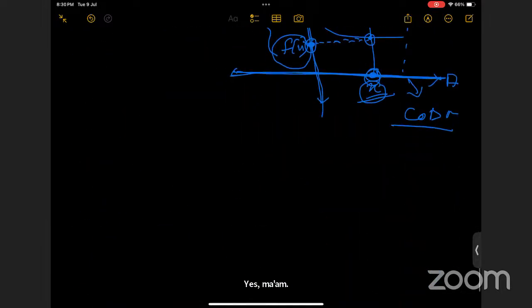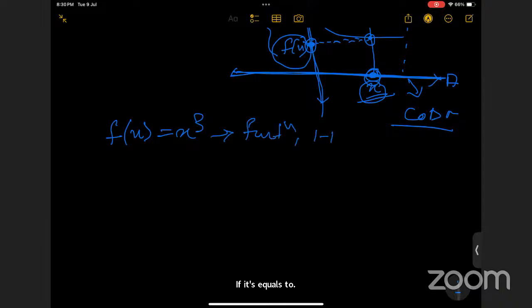So yeah, if we take f(x) equals x cube, what about this? It will be a 1-1 function. This is a 1-1 function, because it is increasing, a monotonic function.